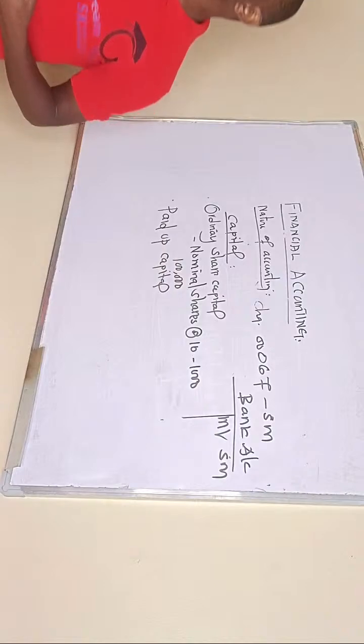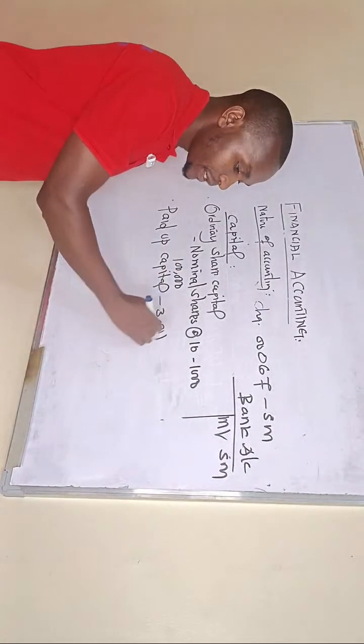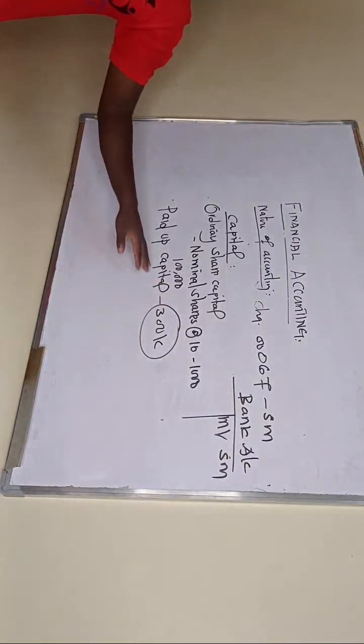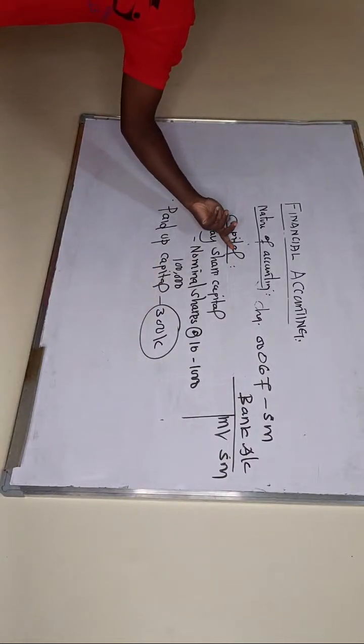You will say, pay me 300,000 to join my company. That we will call the paid up capital. Also, it will affect our capital.